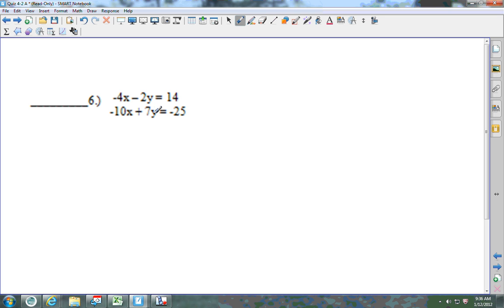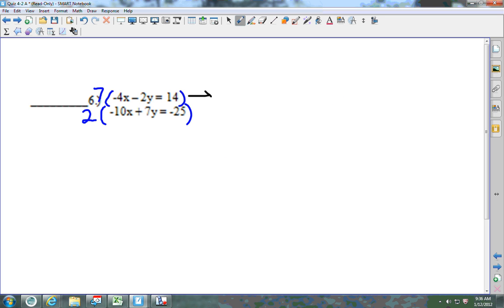No. So when this happens, the next thought process I have is: is one of the variables positive and one negative? The y's are. So let's multiply both of the equations. Let's change this to a 14y. Why did I choose 14? Because 2 times 7 is 14. I'm going to multiply 7 times the top one, and 2 times the bottom one.